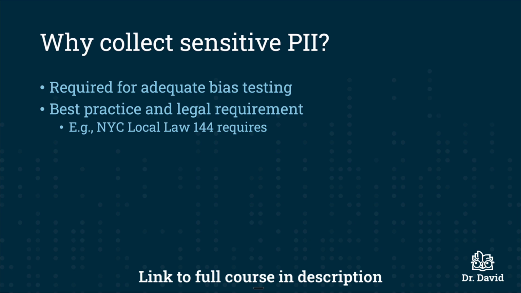Similarly, bias testing is not only a best practice, but is also a legal requirement. For example, in New York City, the Local Law 144 requires bias testing of automated employment decision tools, or AEDTs. And we will come back to NYC Local Law 144 later in the course.